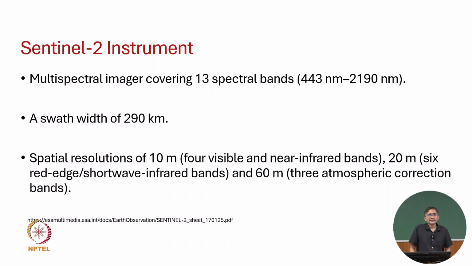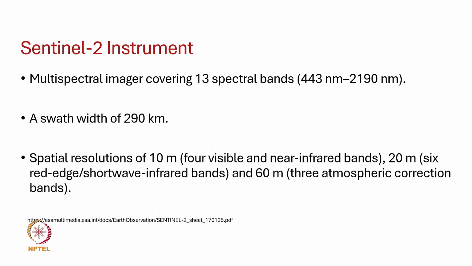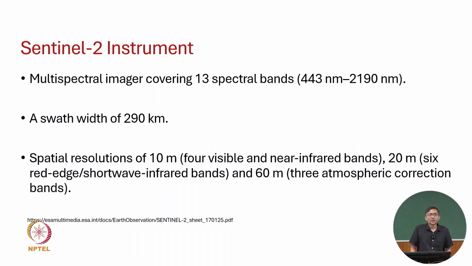Sentinel-2 covers 13 spectral bands with a swath width of 290 kilometers. These 13 spectral bands don't have uniform spatial resolution. They are divided into 3 groups, spatial resolution wise.